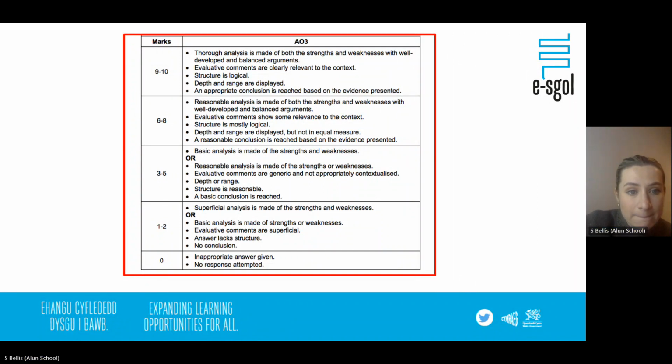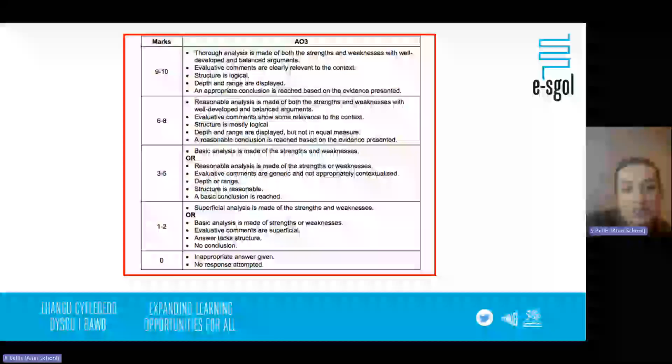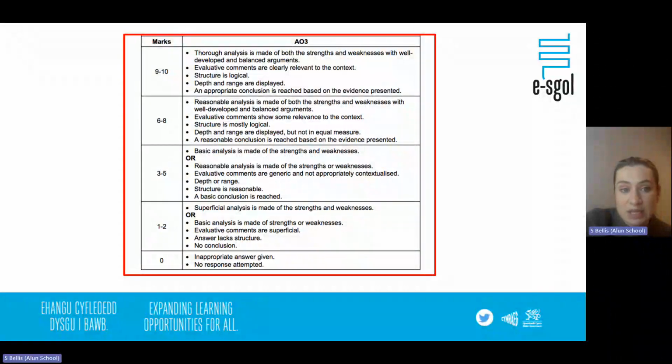They show relevance to the context, so that's again elaborating on what you're saying. Structure is logical. Depth and range are displayed, but not in equal measure. So you may go into loads of detail, but not about very much. And then a reasonable conclusion is reached based on the evidence presented. So there's your conclusion again. And then we've got the top mark band, which is obviously where we're all aiming for.